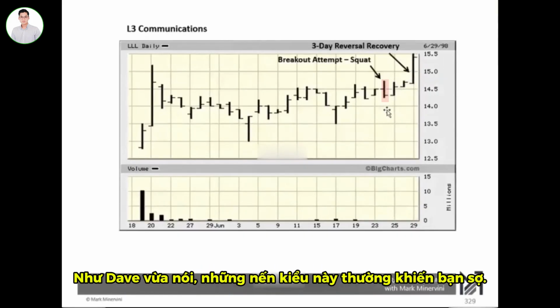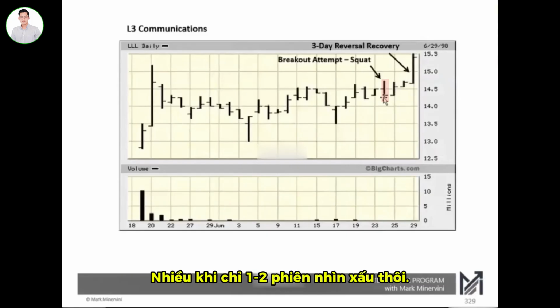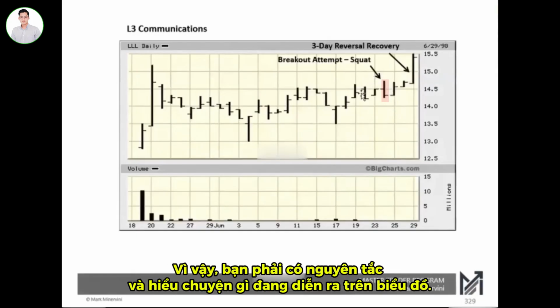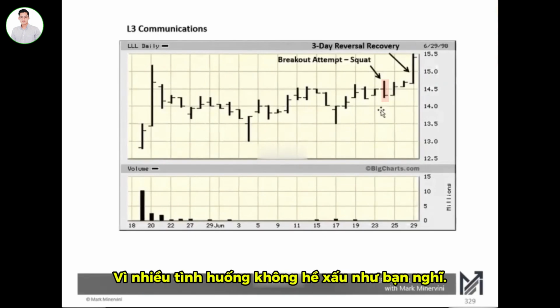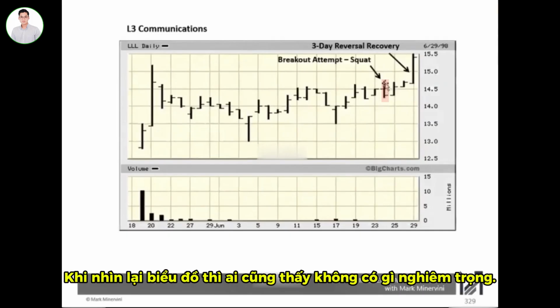As Dave just said, it can scare you. A lot of times there are these scary looking bars, but they're just one or two days. You've got to have the rules, and be able to look at the charts and really understand what's going on, because it may not be nearly as ominous as you think. And when you look at this, you say, oh yeah, no big deal.